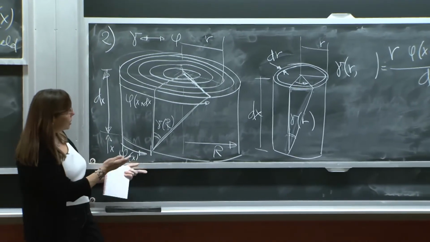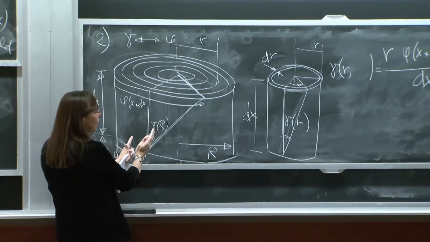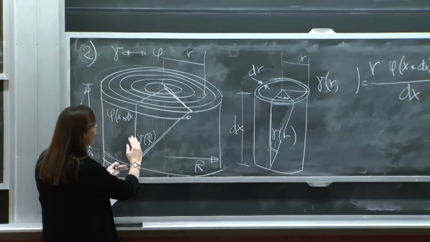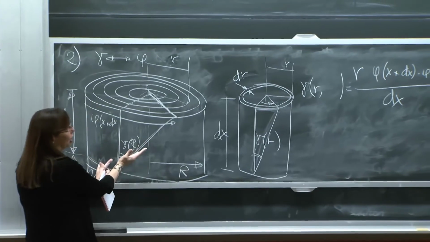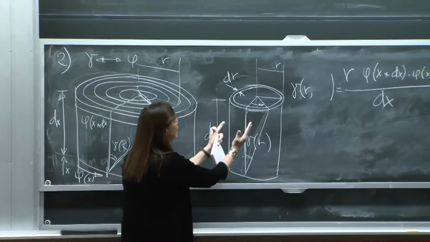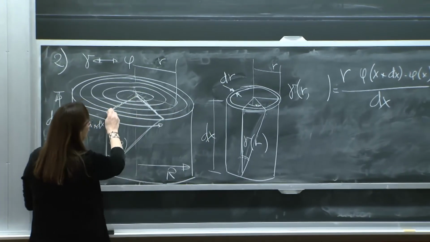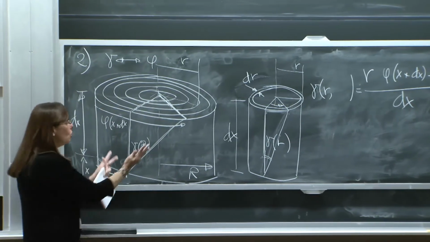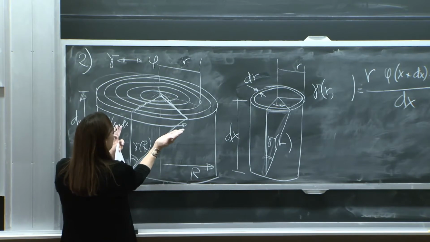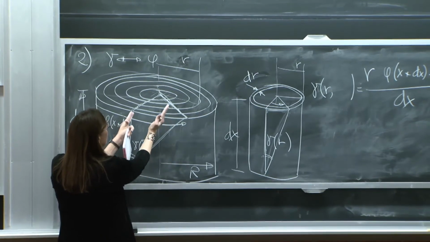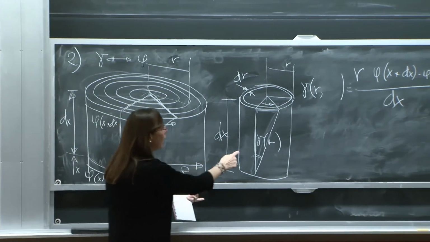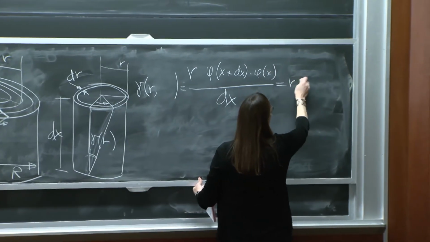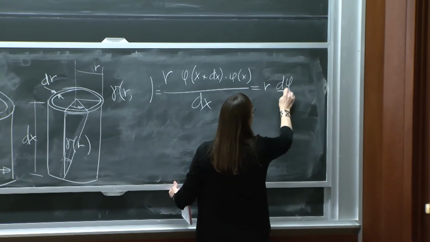So you can imagine that out here, where you have a big radius, for the same d phi dx, you get a very large gamma. Then if you keep going inside, this thing gets smaller and smaller as you get inside. If you were to draw the angle, it is big, then a little smaller, then a little smaller. Your gamma of r depends on r. So this is r d phi dx.